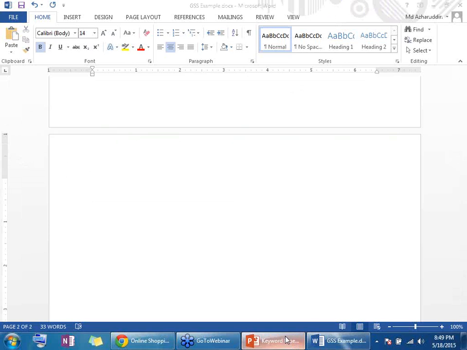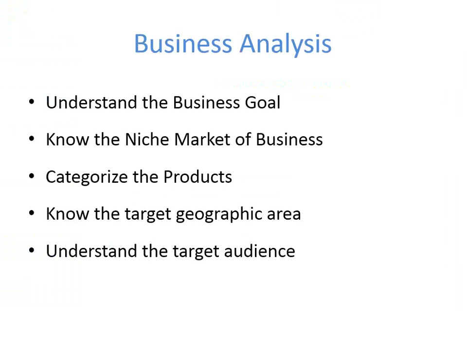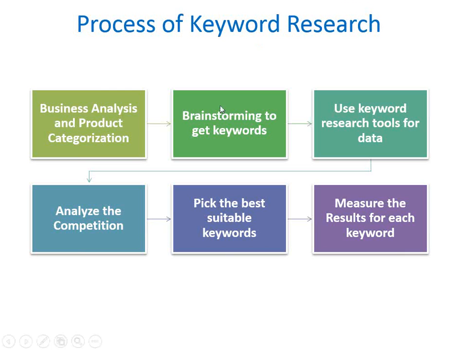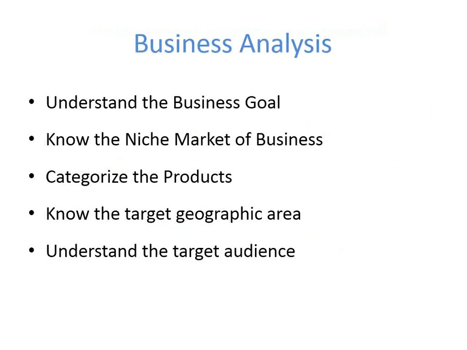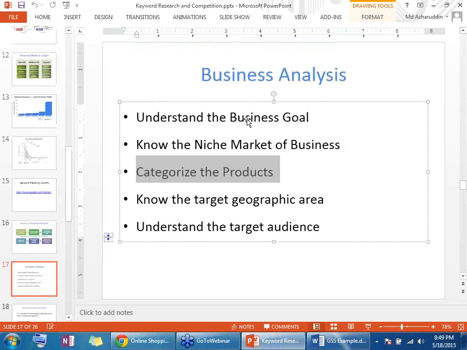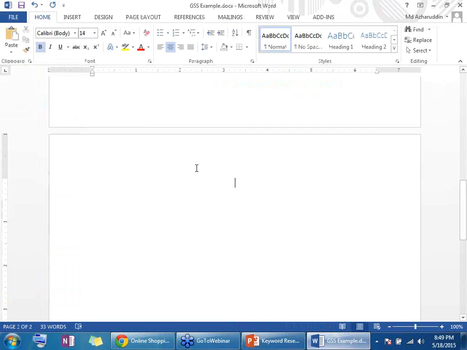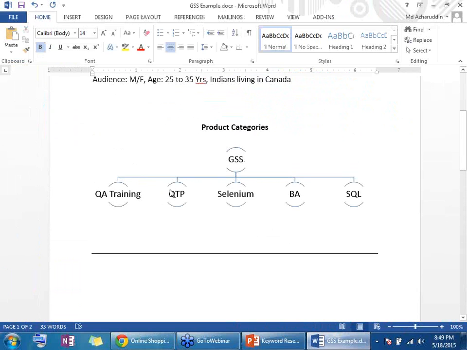Now, see, the next part of our SEO process, as we see in this process, the second one is brainstorming to get keywords. Now, what is brainstorming? What I want you to do is very simple. I have given you products, right? QA training, QTP training, Selenium, BA, and SQL. What I want is related to QA.